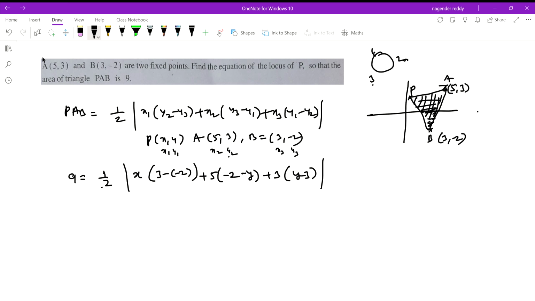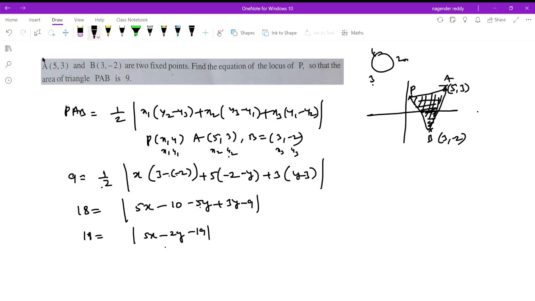So send the 2 to that side, that will be 18 equals mod of 3 plus 2 is 5, 5 into x, so 5x, plus 10 minus 5y plus 3y minus 9. So 18 is equals to mod of 5x minus 2y minus 19.